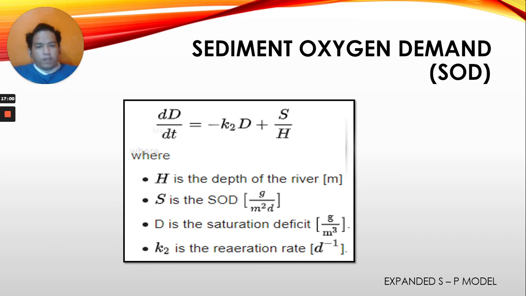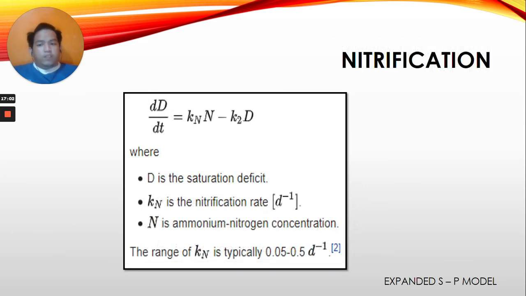So next one is the nitrification. Ammonium is oxidized to nitrate under aerobic conditions. So ammonium oxidation can be treated as part of BOD. This means that the ammonia or the ammonium is consuming oxygen also.